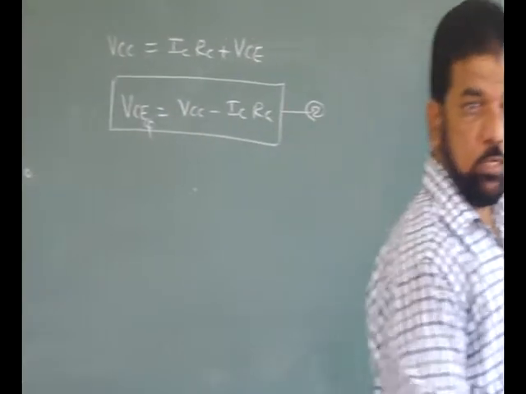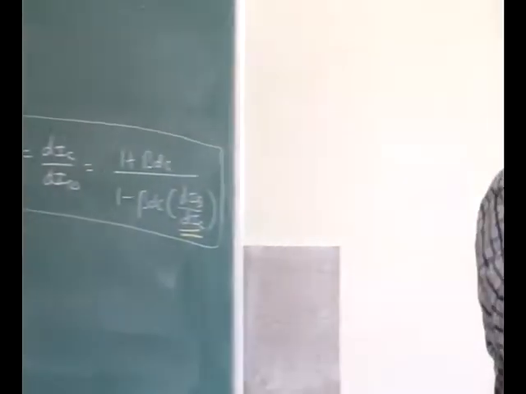Is it a biasing circuit? Yes or no? Yes. Any circuit which provides these two values is called a biasing circuit. Is it the complete definition? A circuit which provides the values ICQ and VCEQ is called a biasing circuit. It is only a partial definition, a partial requirement. So what about the position of the Q point?